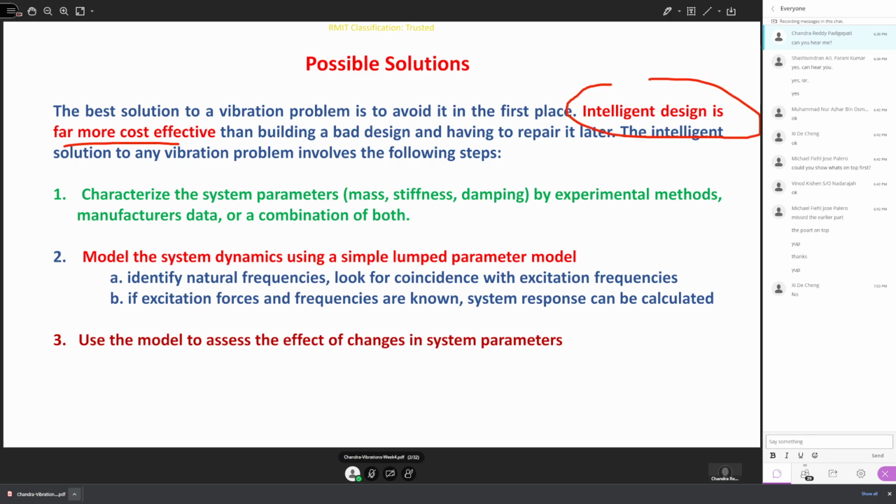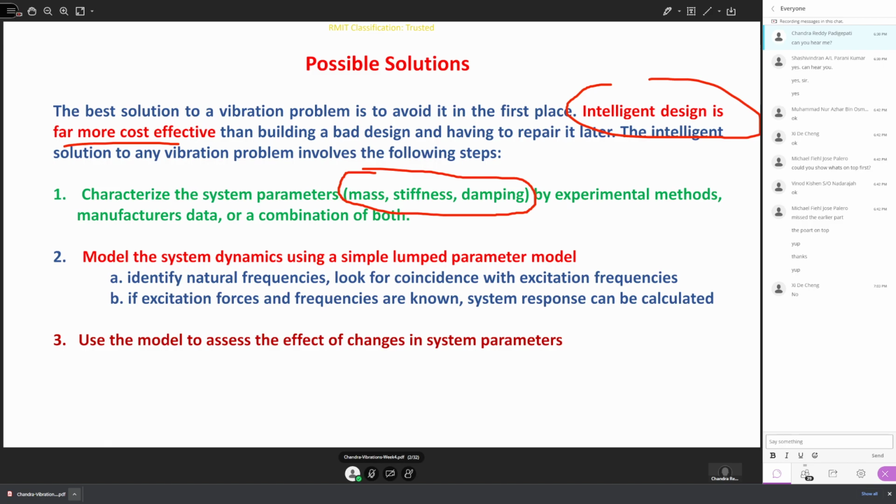Intelligent design means you need to understand how vibratory systems function. So we need to characterize the system parameters. That means you need to choose appropriate mass, stiffness, and damping constant, either theoretically or experimentally, to minimize or avoid transmissibility of the vibration. So you need to design the vibratory system effectively by choosing appropriate mass, stiffness, and damping factors.